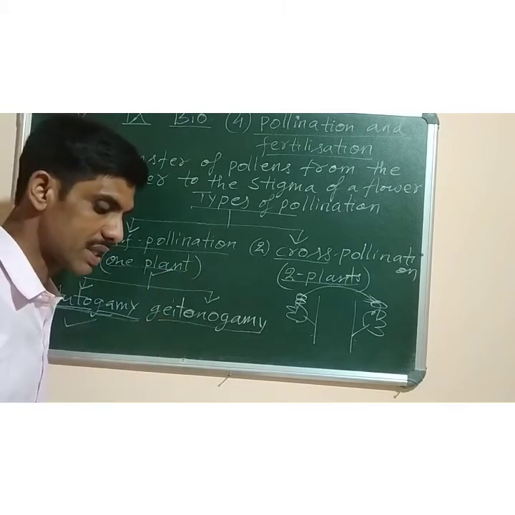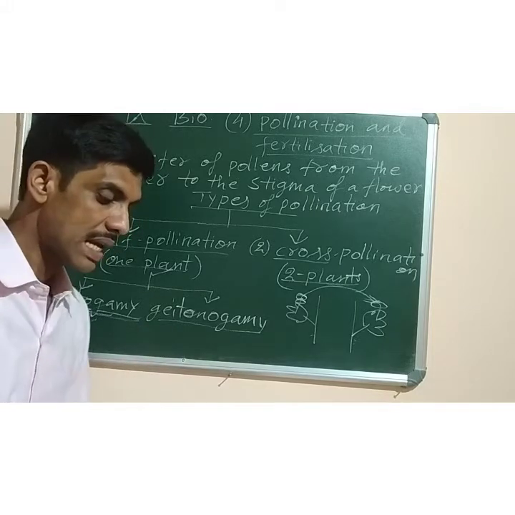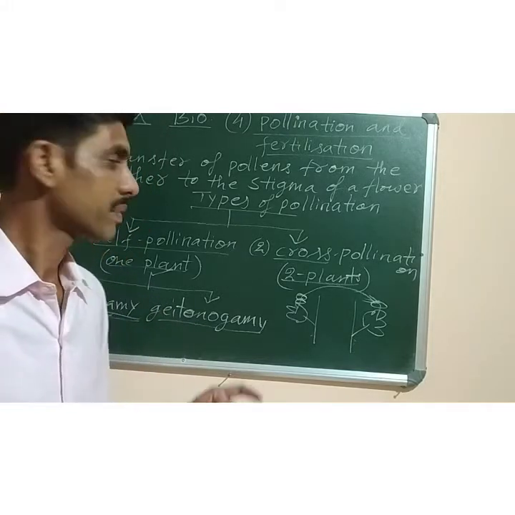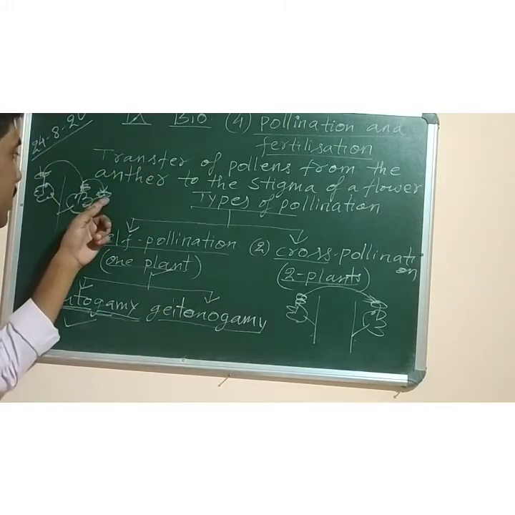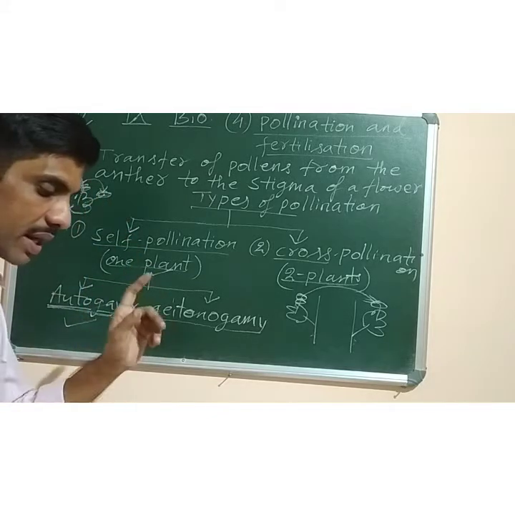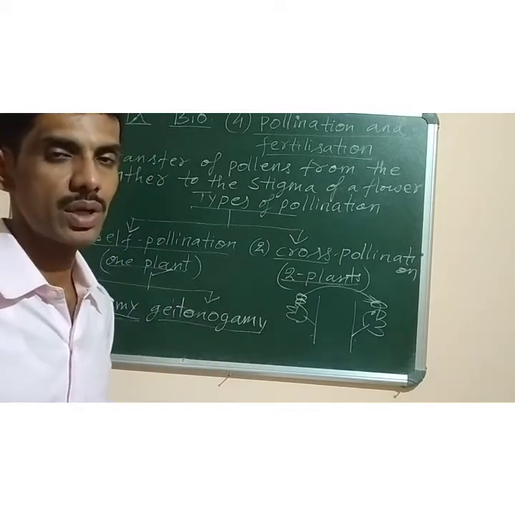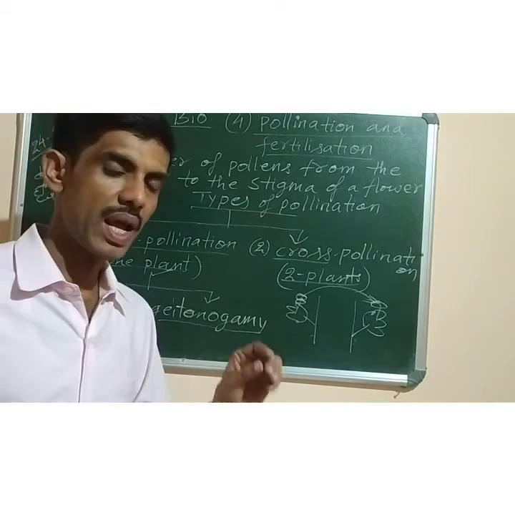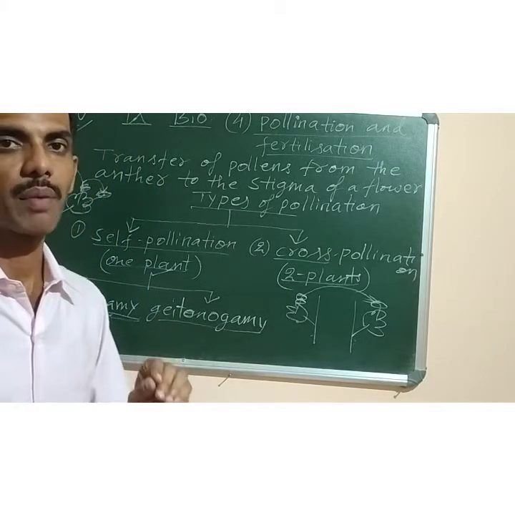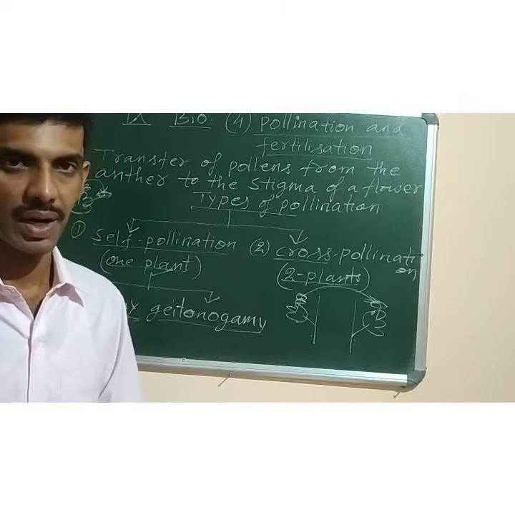First point which is there is homogamy. The meaning of homo is the stamens and carpels. Stamens are the male part of the flower, carpel is the female part of the flower. So when stamens and carpels both mature at the same time. Mature means before doing pollination or fertilization, the male and female parts of the flower must grow, become old enough to be able to bring about pollination and fertilization.